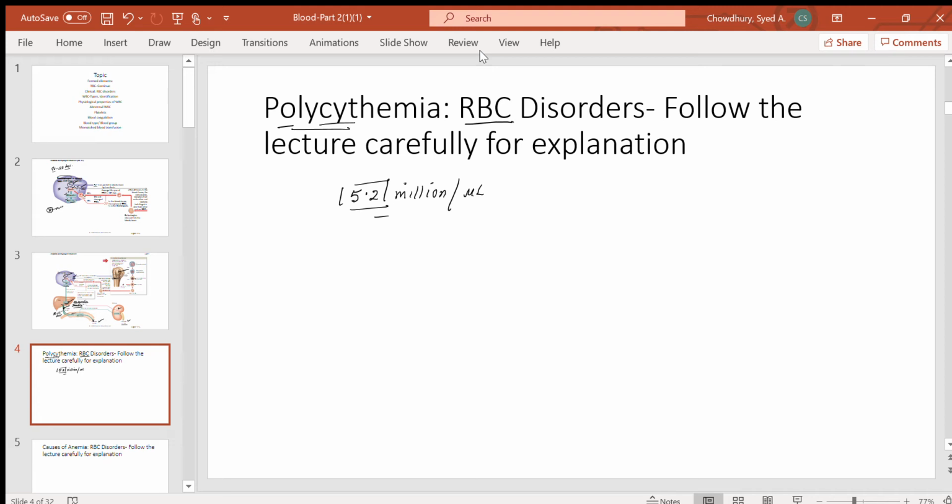Now polycythemia could be two types. One is called polycythemia vera. This is a clinical polycythemia. That means it is a disease condition, and it happens usually due to bone marrow cancer or tumor.